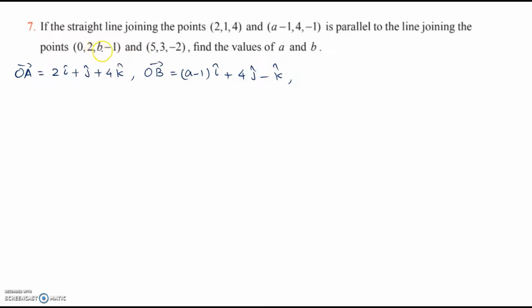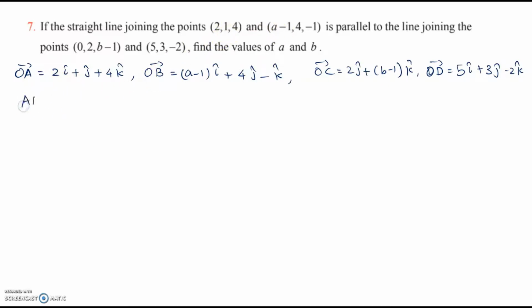Similarly, let's define this point as C and call this OC vector, equal to 0 i cap, so it's 2 j cap plus b minus 1 k cap. Similarly, this will be D, so our OD vector is equal to 5 i cap plus 3 j cap minus 2 k cap. Next, we need to find the line joining AB.